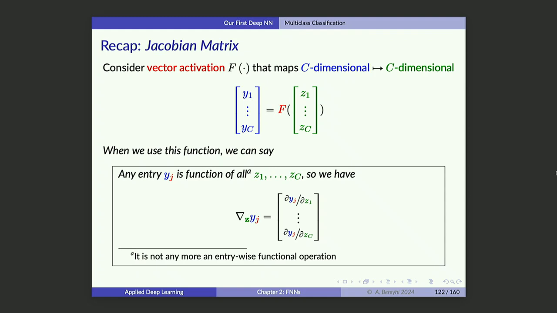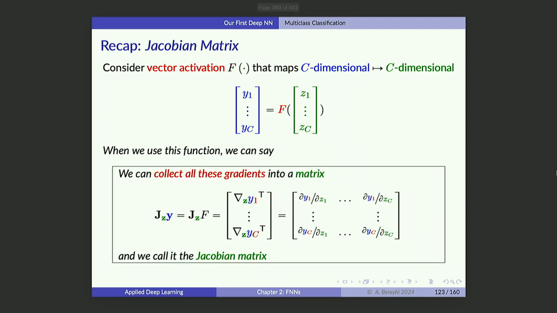Because y1 is a function of everybody. If you want to compute the derivative, you have a partial derivative with respect to every single z at the other side. So you're going to have this gradient for every single y here, but now you don't have one gradient. You have c different gradients at the output, right? And then you can just collect all of them into one matrix, and you call it the Jacobian. Correct? Clear?